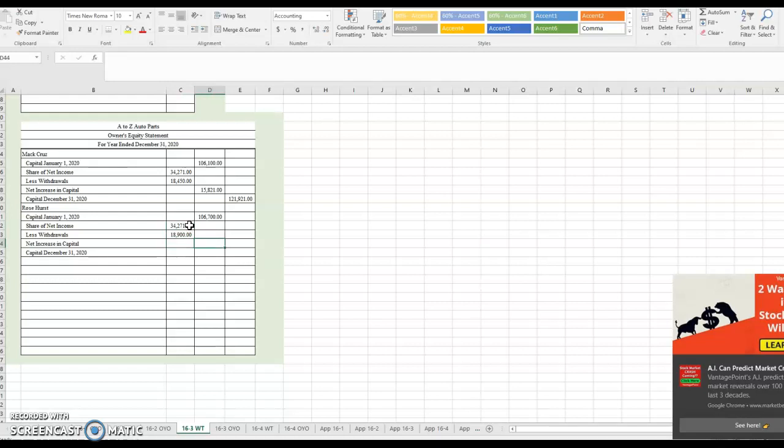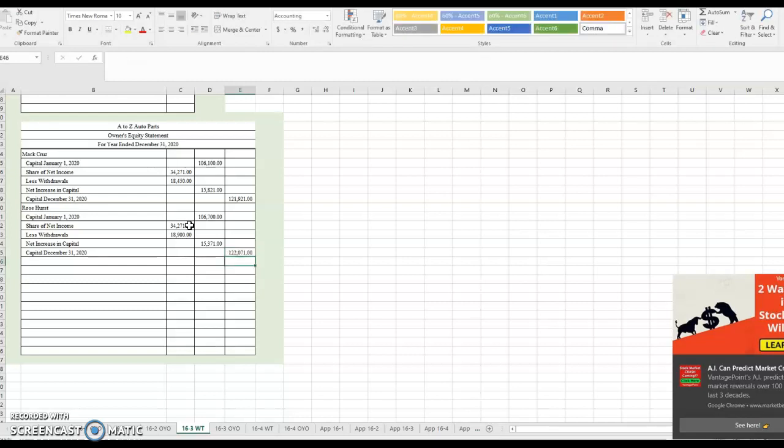Then the difference between the two, she still has more income than withdrawal. So her additional capital for the year is $15,000. We add that to her 106,700 that she started, and now she's 122,071.